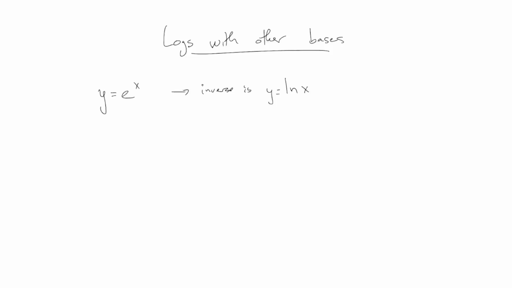There are also exponential functions using a different base. So if I have the exponential function with base b, it also has an inverse, and its inverse is called the logarithm with base b.